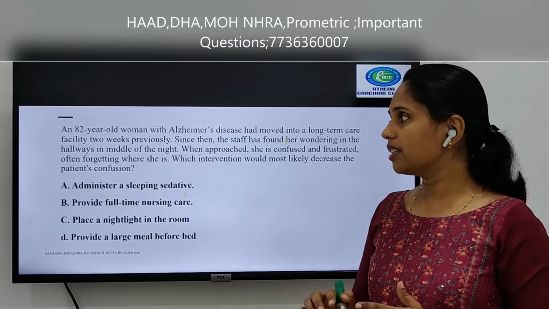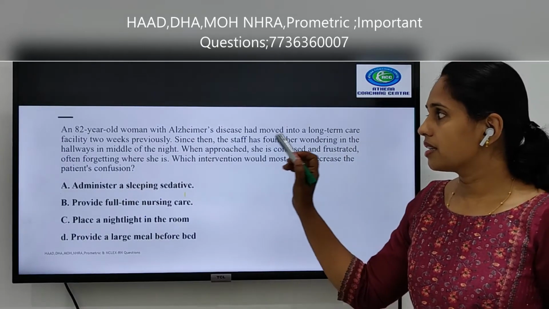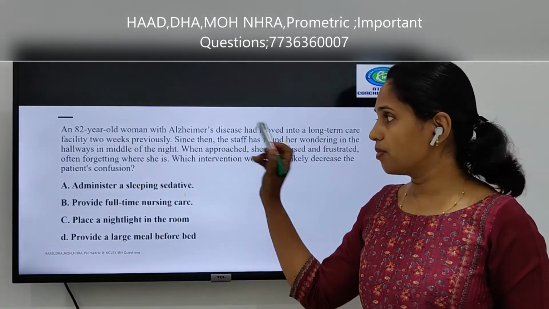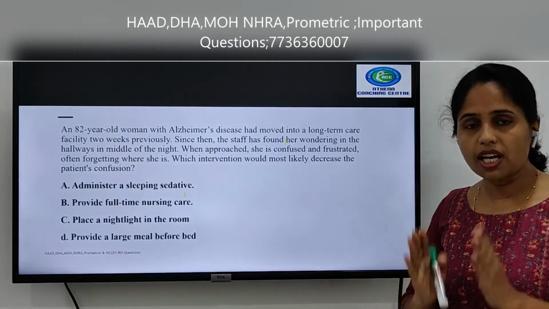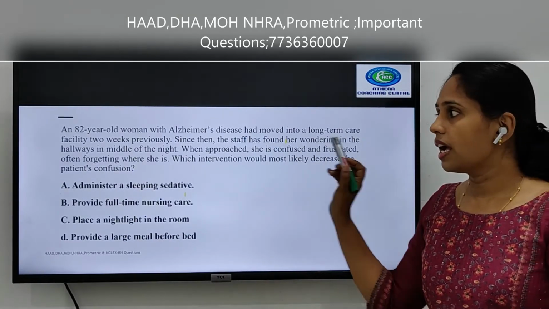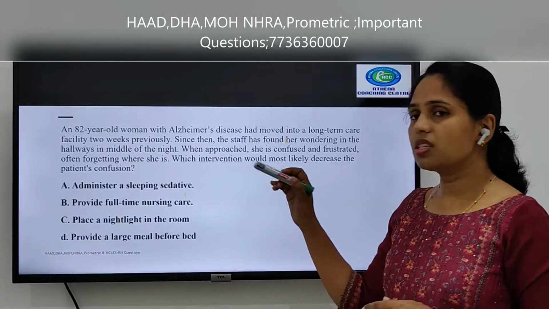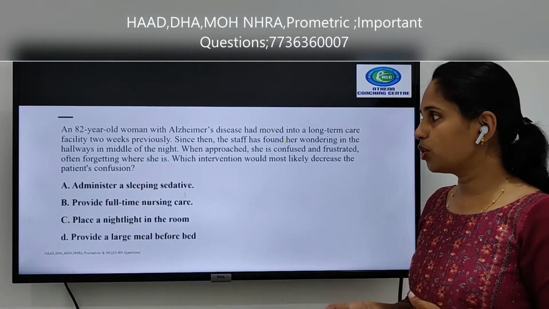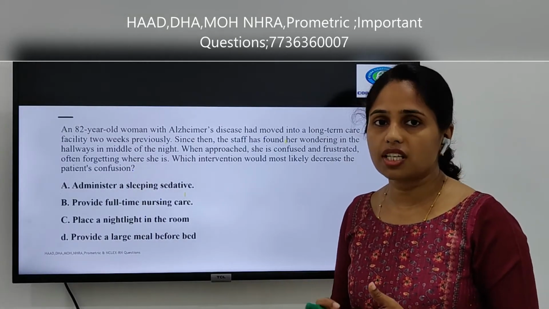Currently the patient is in a long-term care facility, and she came there 2 weeks before. From the admission itself, the staff has found her wandering in the hallway in the middle of the night. When the nurse approached the patient, she is confused and often forgetting where she is.